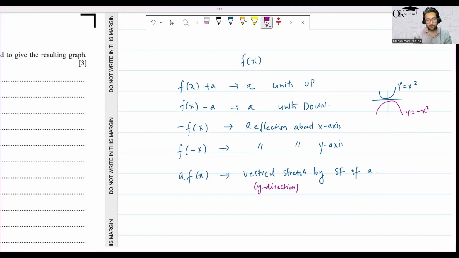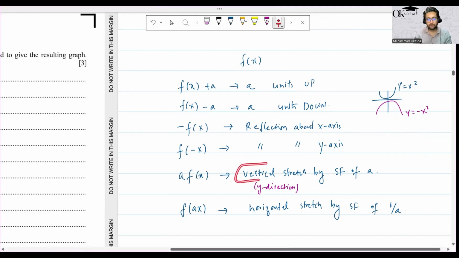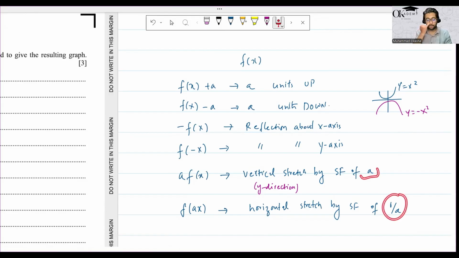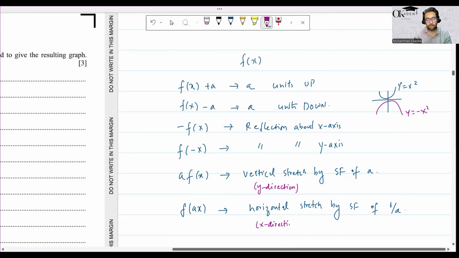But if you have f of ax, which means first of all a horizontal stretch, and then the scale factor inverts, so it is by a scale factor of 1 over a. So instead of vertical, now you have a horizontal stretch, and not by a scale factor of a, but 1 over a. And that is the stretch in the x direction. There are more, but I'll just settle for this.